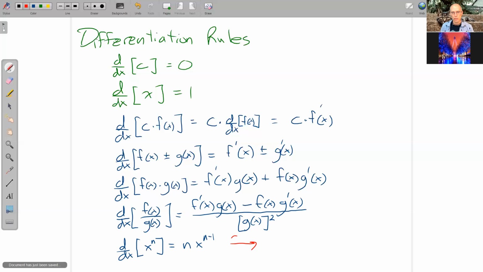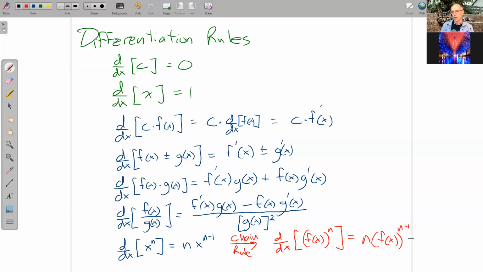So if we apply the chain rule with another function here, then the derivative of some function to a power is equal to, we apply the power rule, so we get n times that function, but we reduce the power, and then the chain rule says you leave f of x alone first, but then you have to adjust by multiplying by its derivative. And so this is the chain rule combined with the power rule.